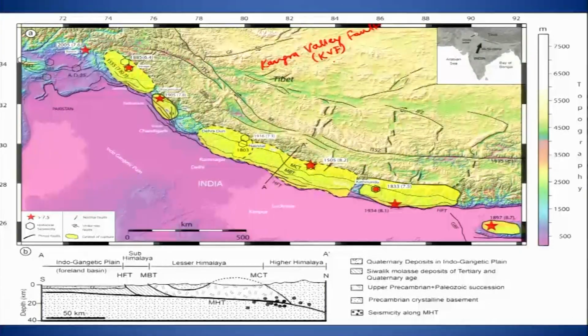Hence, the potential slip available in this region is still partially available along the frontal part. So the next event can be triggered along HFT.